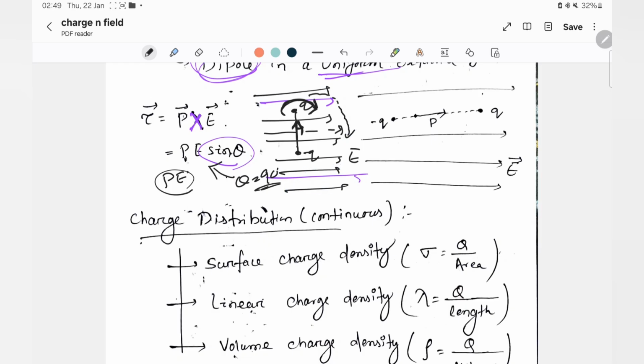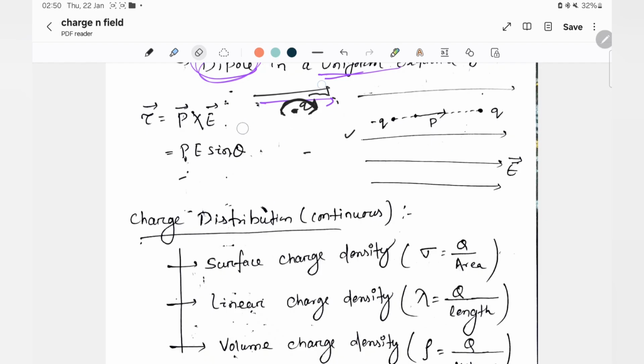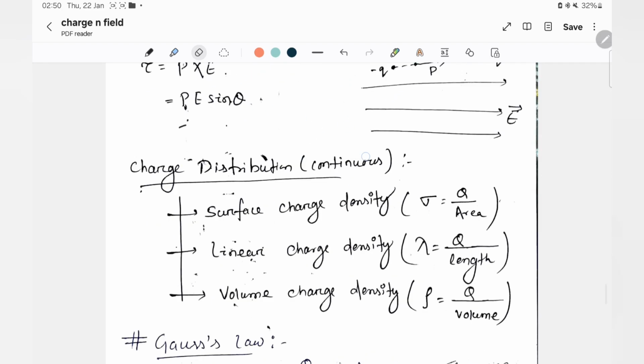In this universe, everyone wants to stay in the equilibrium position, in the rest position, with no external force on any object. So if our dipole is like this, it will also want to gain that equilibrium position. Okay, so this is the concept of torque. Hope you all understand this.